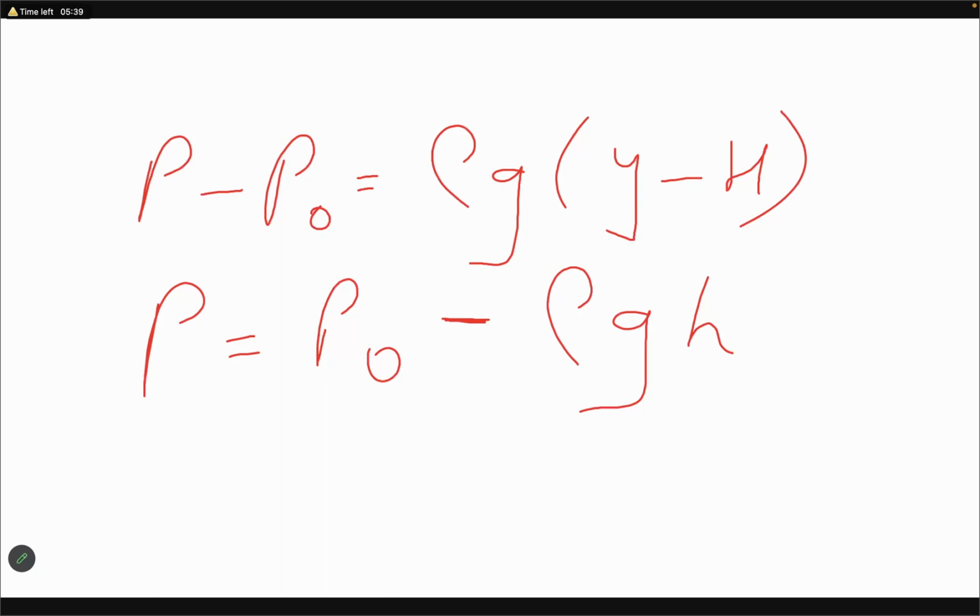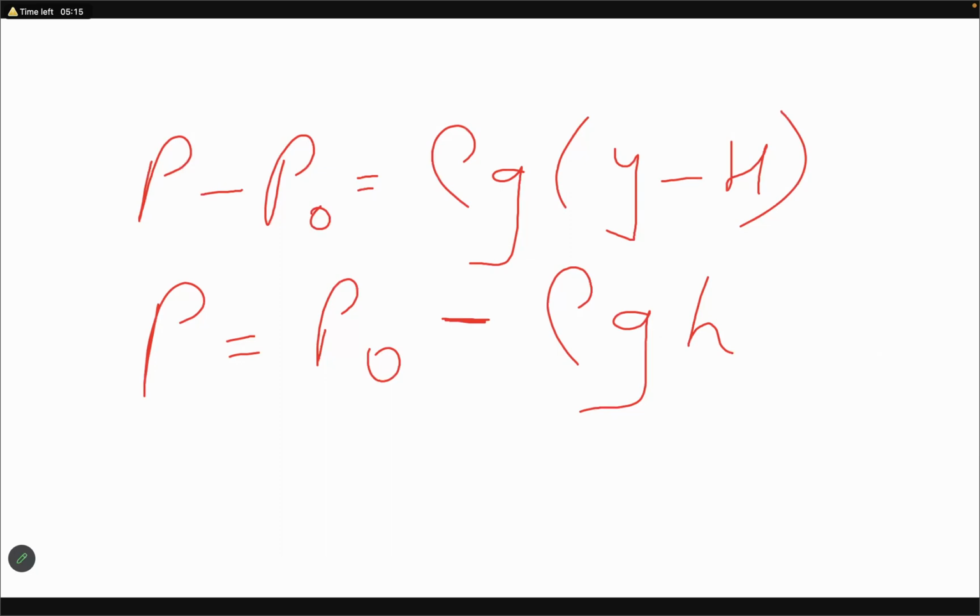Please go by the equation, which is how it is best read. This equation suggests that as we go down, as we increase in depth, pressure will decrease, correct?